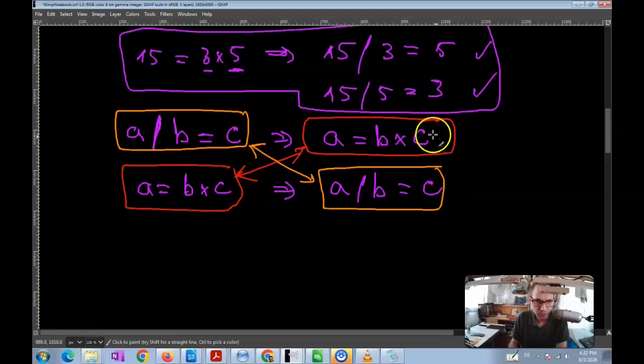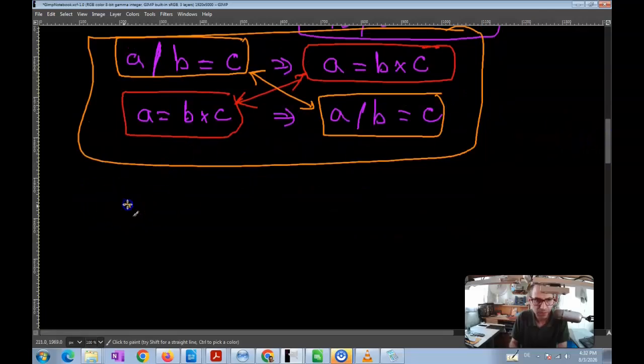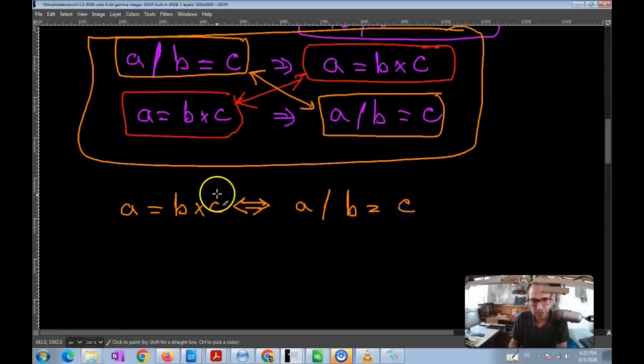So then I can combine these two expressions together, and I can say that a is equal to b times c, two-way implication, and then a divided by b is equal to c.